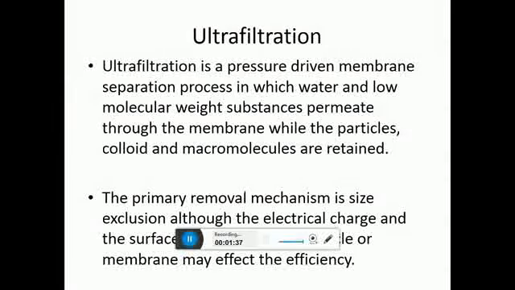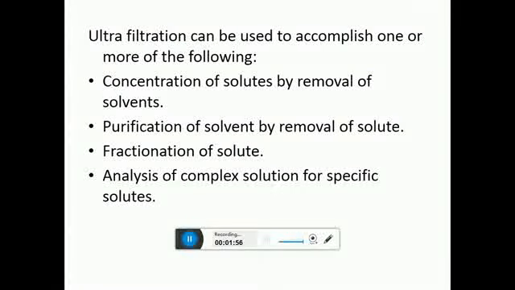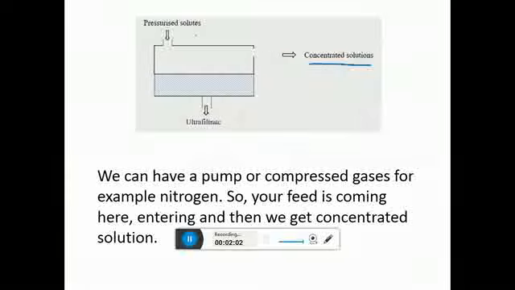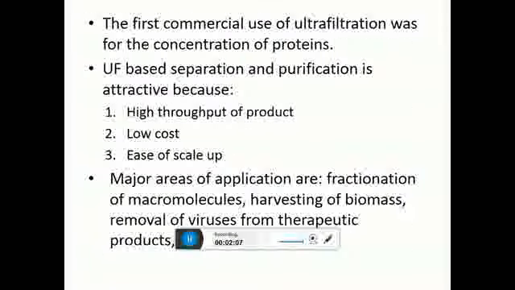Anisotropic means the top layer structure and the bottom structure are different. The top layer is responsible for selectivity, and the bottom layer, the porous part, gives the mechanical strength. So these are very basic and important things. Just go through it once. They are nothing so important.